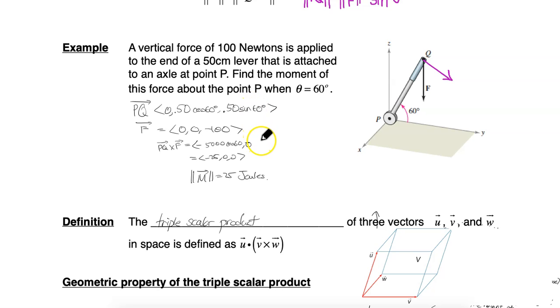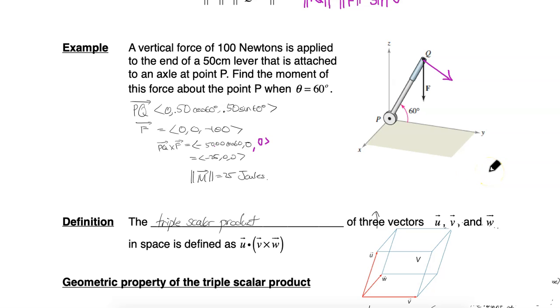So the cross product of these two vectors yields -5,000 cosine 60. Wait, I think that's 50 cosine 60, 0, 0, and then that becomes -25, 0, 0. So what's the magnitude of that? It's of course 25. The units, I didn't talk about it in detail, it's newtons times meters, which is joules.